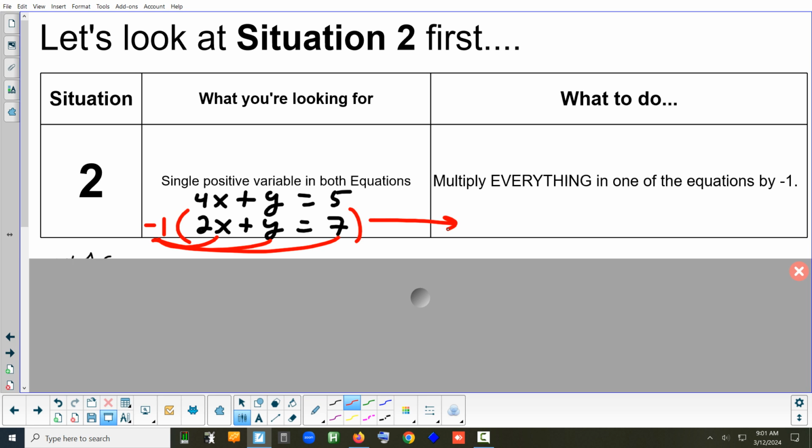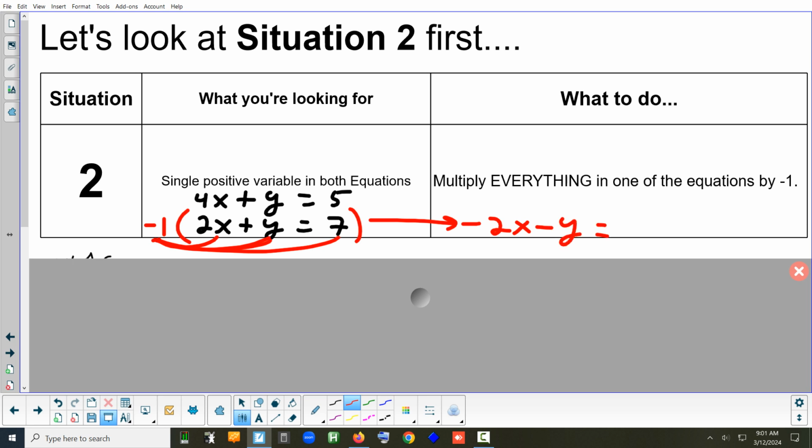Okay. When you multiply negative 1 times 2x, what do you get? Negative 2x. How about when you multiply negative 1 times y? Negative y.